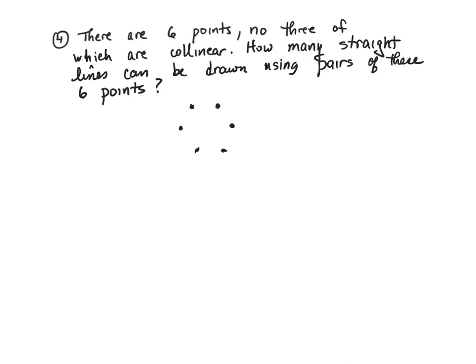So if we look at these, whether we join point A and B, or B to A, only one line exists, namely line AB. Since order is not important here, this is a combination of 6 points taken 2 at a time. So this would be 6 choose 2, which is 6P2 over 2 factorial, and that would give us 6 times 5 divided by 2, and that gives us 15.